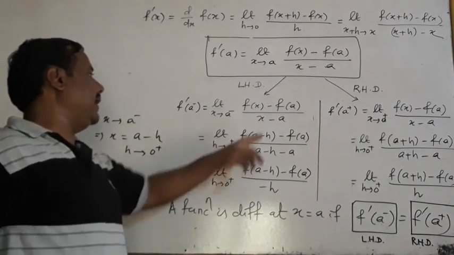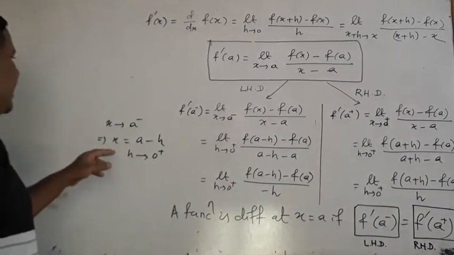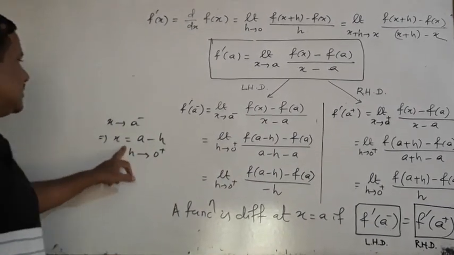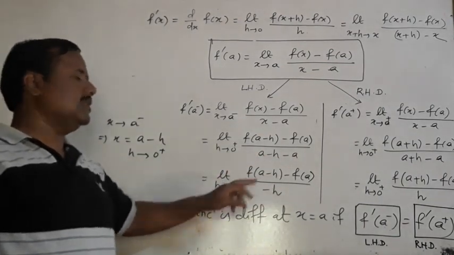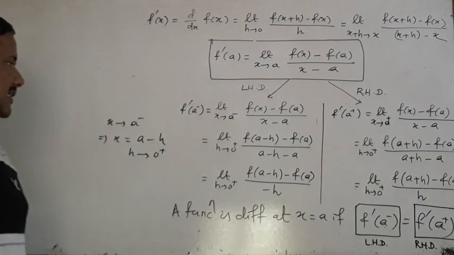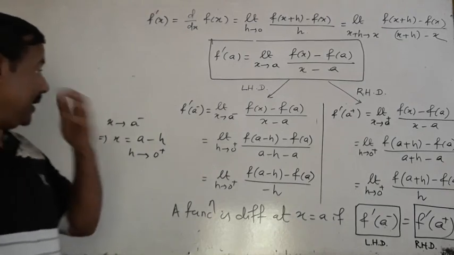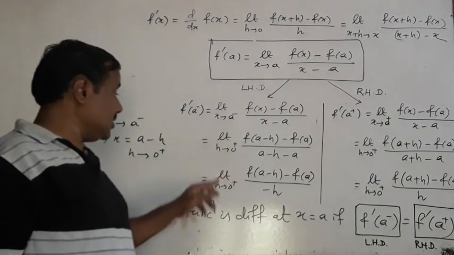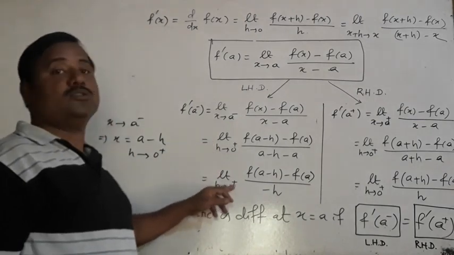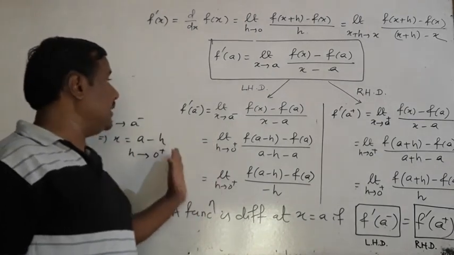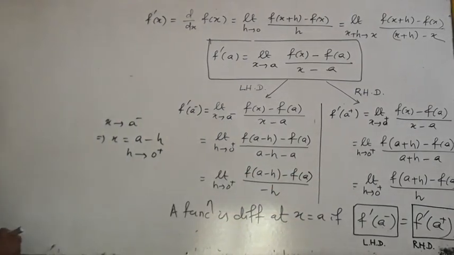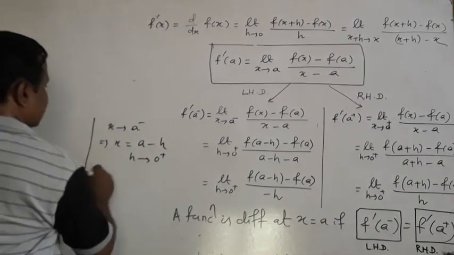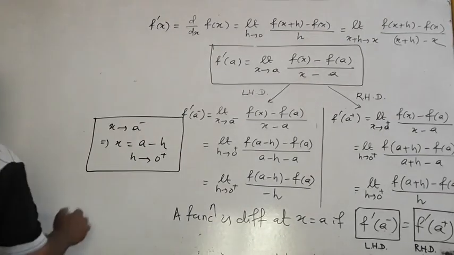In x minus a, I am writing a minus h minus a, which becomes minus h, and the result is f(a minus h) minus f(a) by minus h. In every case, in left hand limit and right hand limit, h must tend to 0 plus.